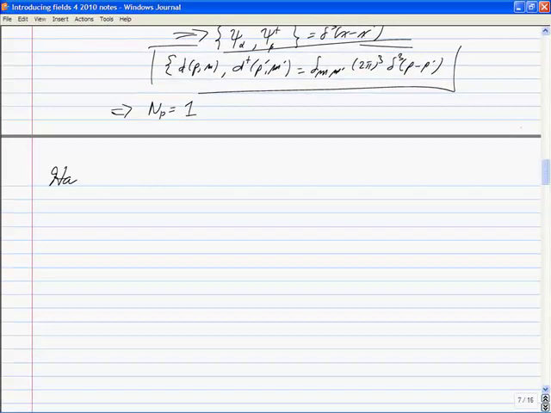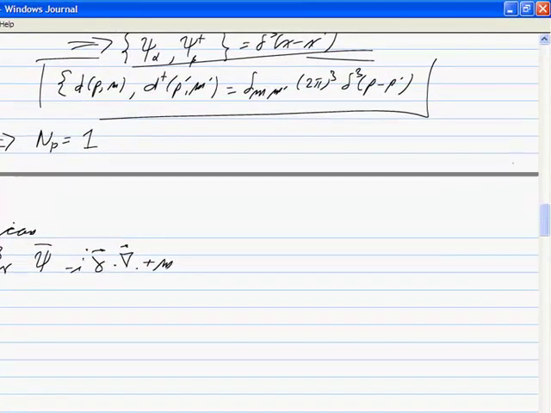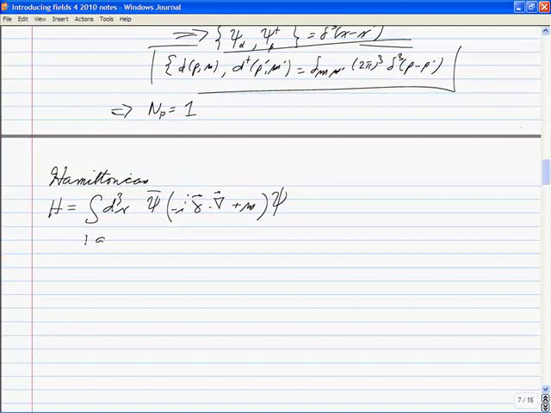The next thing that you always do, since we're just stepping through the quantization procedure: the Hamiltonian is then the integral d^3x of psi bar (-i gamma dot del + m) psi. Again, you plug in all those pieces, algebra follows, and you end up with the following.